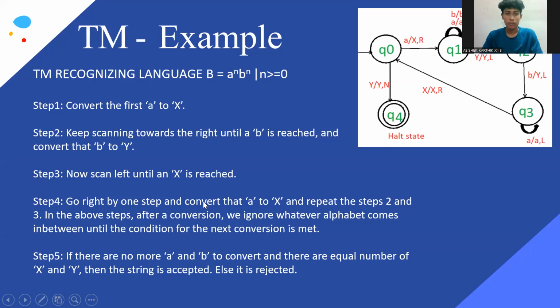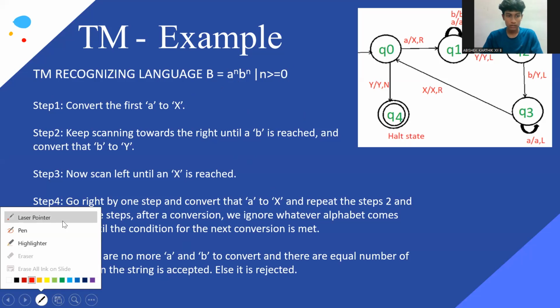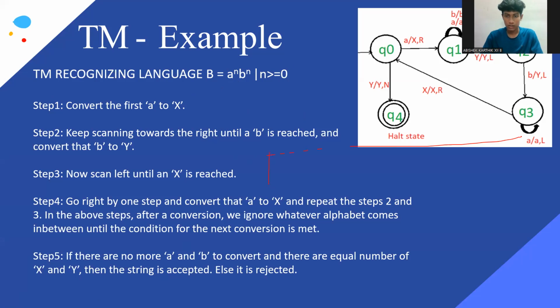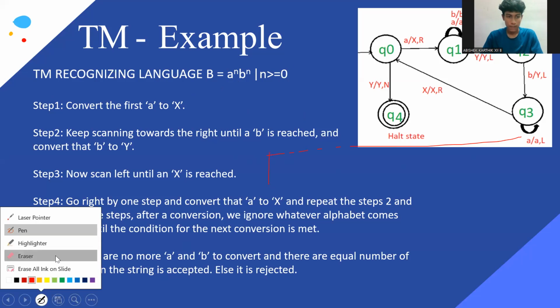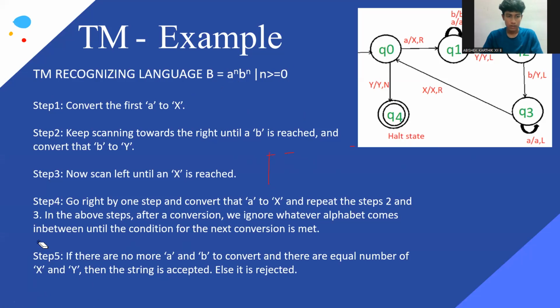The way we approach this is: we have this Turing machine here, in which we're given the input string A, B, B, B. We have to check if this belongs to the language or not using a Turing machine. The rest is blank. This is the blank symbol, and the tape is infinite.